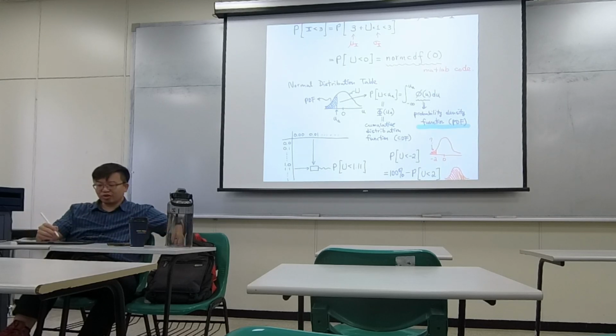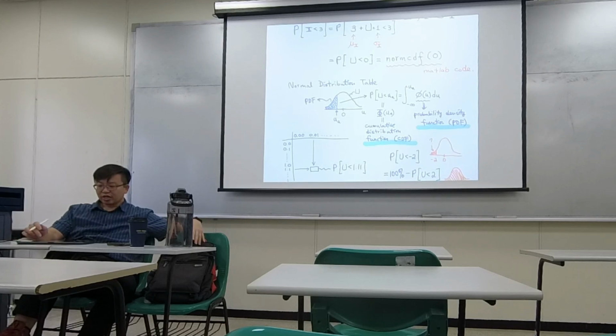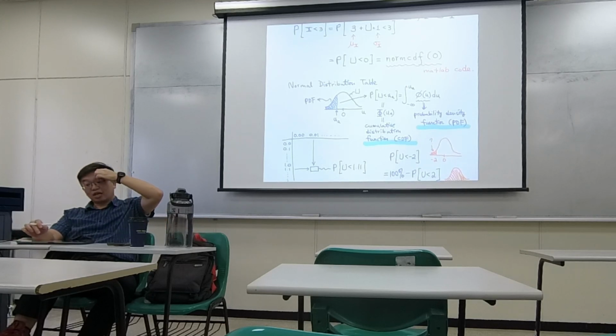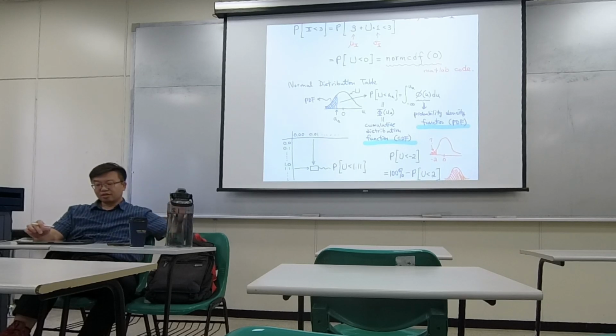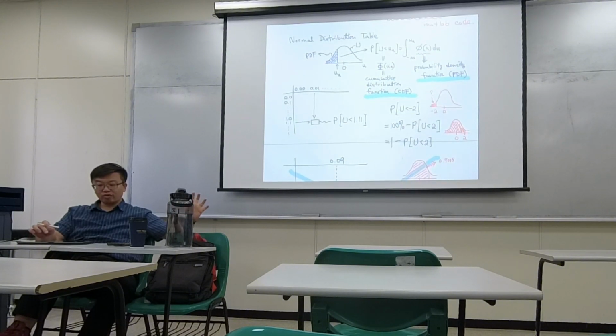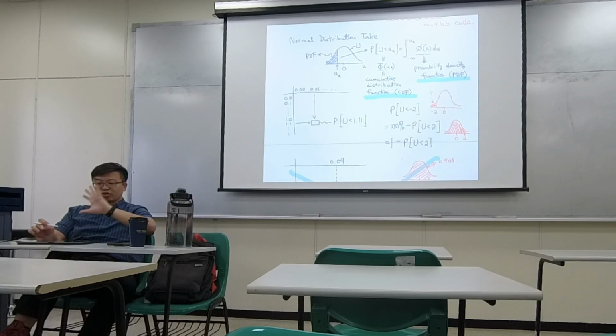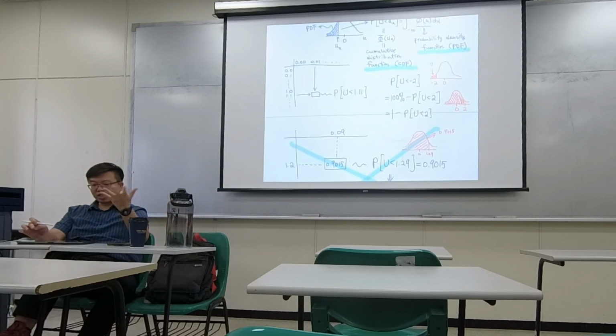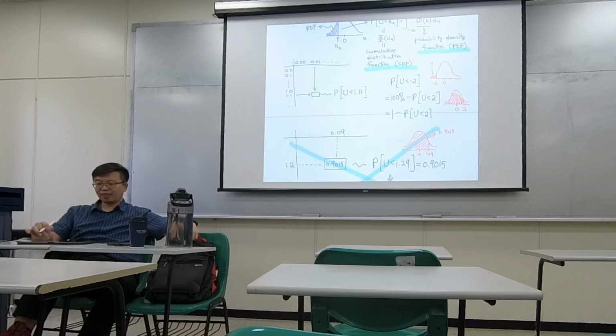So it's called the cumulative distributed function, CDF. Okay, and you can find percentage, basically CDF values from the normal distribution table, like I showed you earlier. And because normal distribution is symmetric from left to right, you can use this flipping trick to compute which side of the area you're computing.